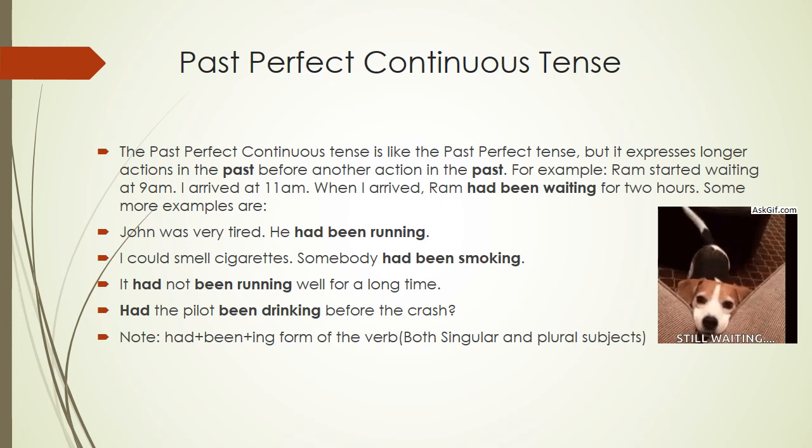Had the pilot been drinking before the crash? So if you look at it carefully, children, what are the rules? Had plus been plus ing form of the verb, be it singular or plural. As you can see in the picture, still waiting. So that is what your past perfect continuous tense is all about.